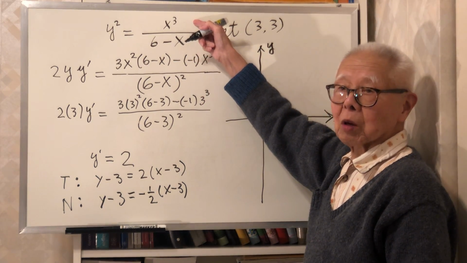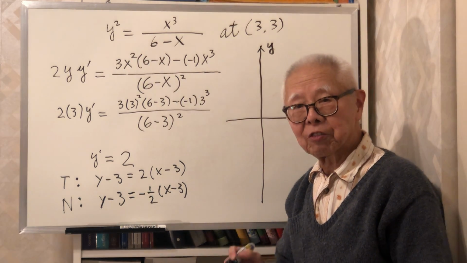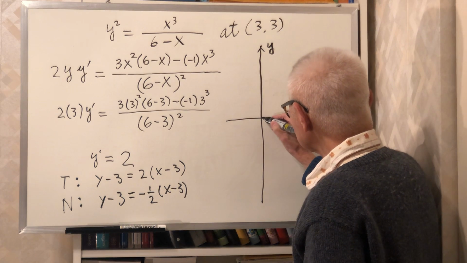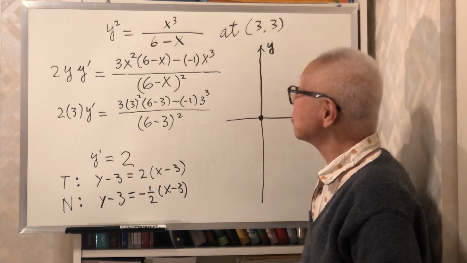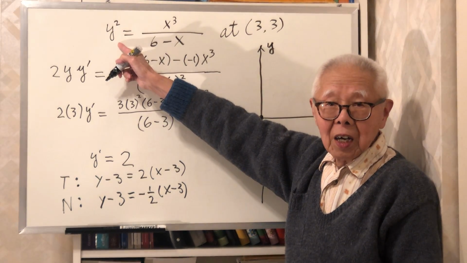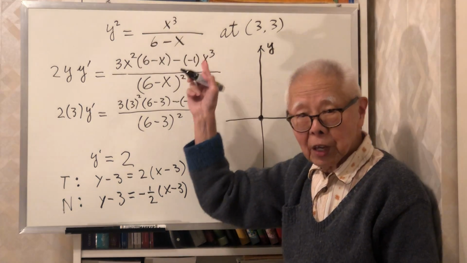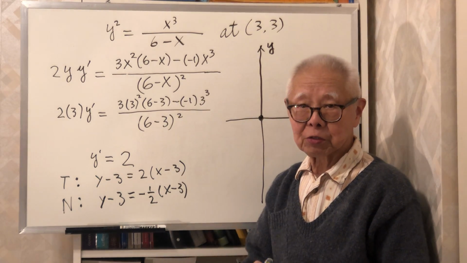When x is 0, y is 0. So the graph passes through the origin. Y squared must be positive. Therefore, the right-hand side must be positive.